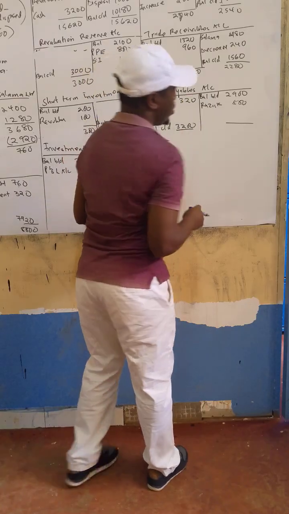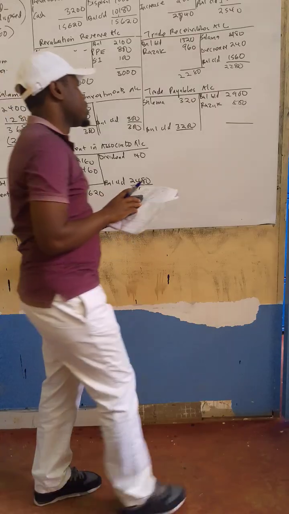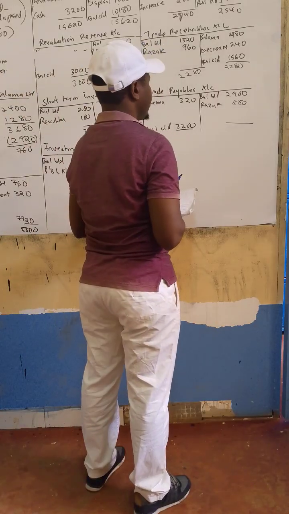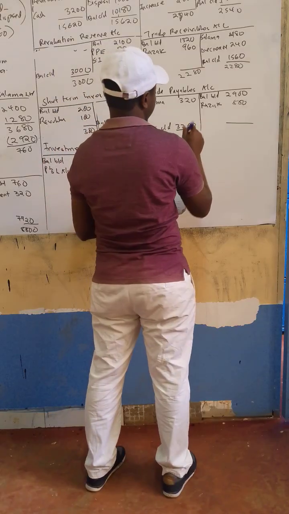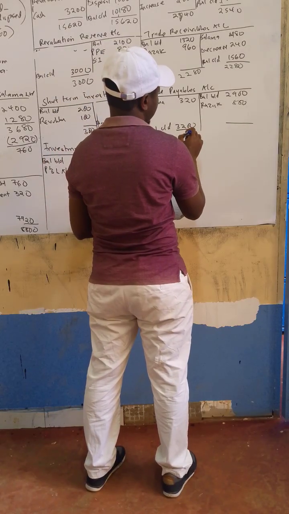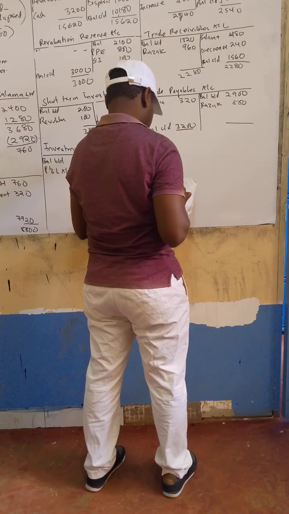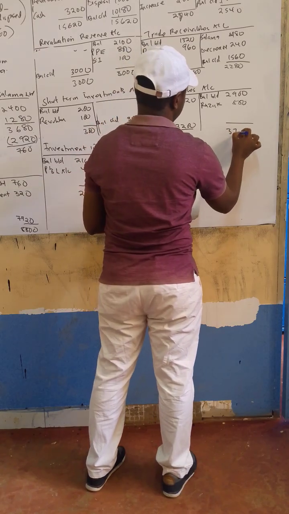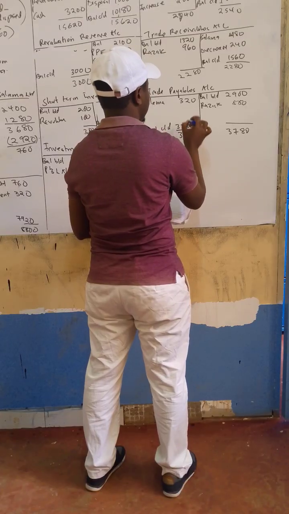So again, we're going to look at whether there's a decrease or an increase in this. So this will be 3500, 3600. So 2900 plus 880, you get 3780. That's 3780.